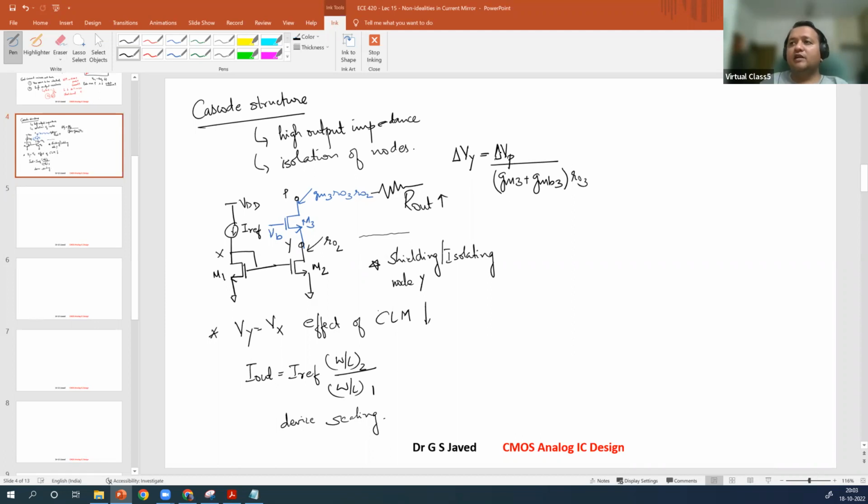The impact of delta Vp is reduced at delta Vy using the output resistance of Gm3 over Gmb3. So this is a gain that is present here, and by this it reduces.